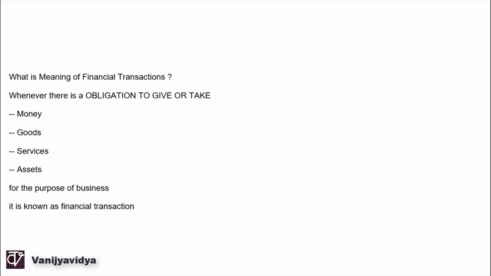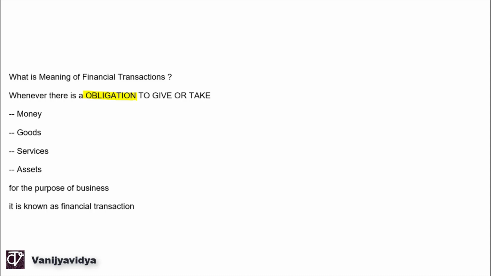So if you go by definition, there has to be obligation. That is, you should have a future obligation to give or to take what? Either to give or take the money from that particular person or entity, or either to give or take goods, or either to give or take some services, or either to give or take some assets.